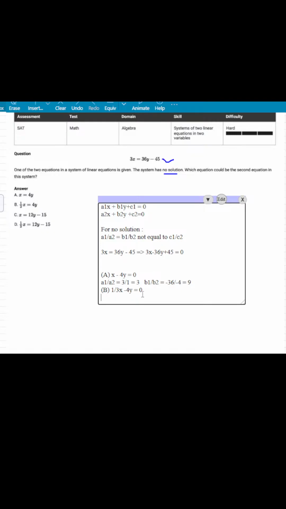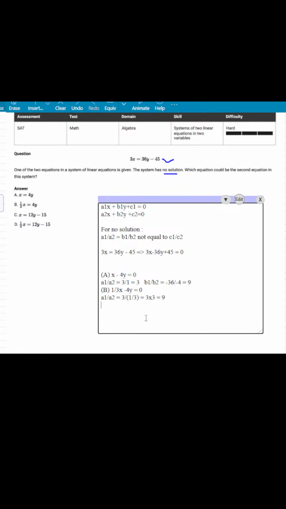Then a1 by a2 will be 3 divided by 1 by 3, which is 3 multiplied by 3, which is 9, and b1 by b2 will be minus 36 for the original equation and minus 4 for this option, which is 9.